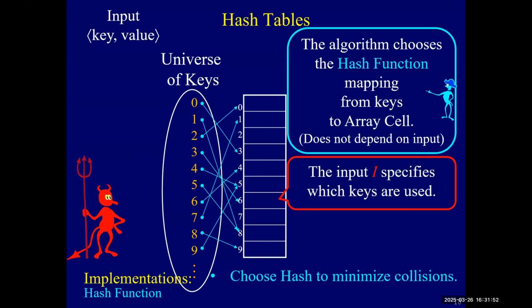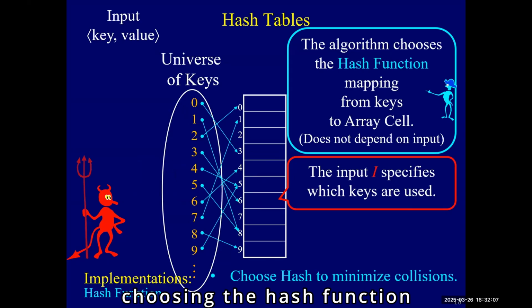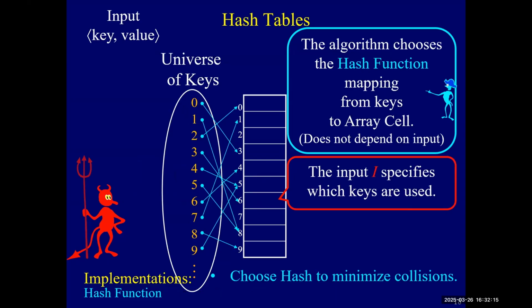Now, if you take 6.046 from me, which some of you do, you know this game: the algorithm guy is choosing the hash function, and the adversary is choosing the input, which is which keys come.